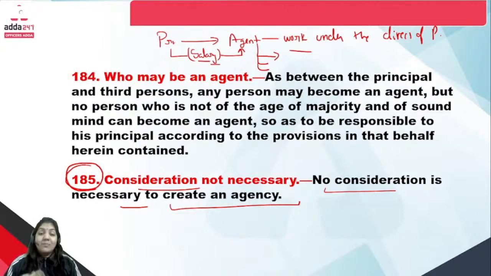That is the business of the agent, so no need to give extra money to the agent. That is section 185, and it is very, very important. Please go through sections 182, 184 and 185.